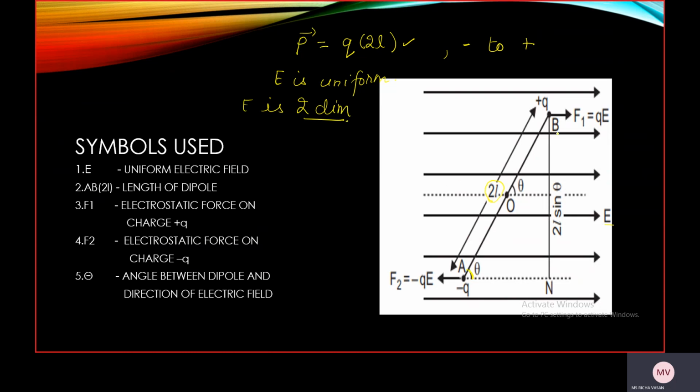So now again let's move on to diagram. We can see there is a uniform electric field, and we have placed a dipole in this electric field which is making angle theta with the direction of the electric field. Now what will happen is that because of this electric field, the two ends of the dipole which are having our charges plus q and minus q, they will experience electrostatic force.